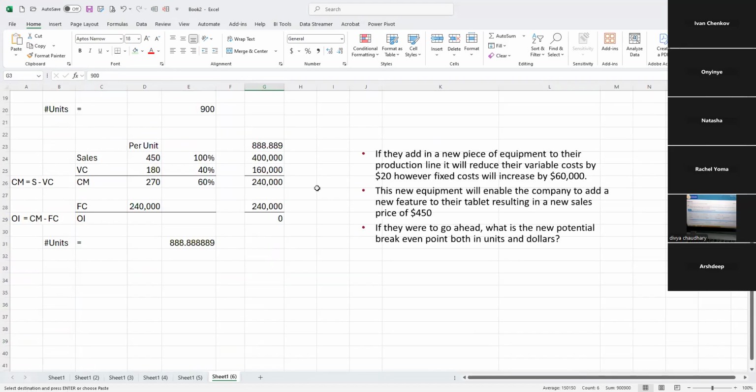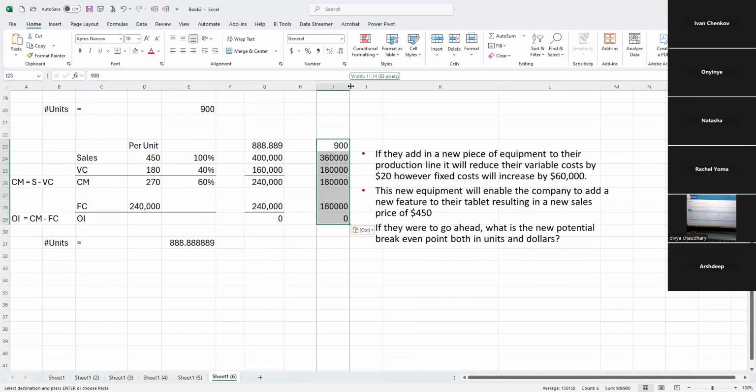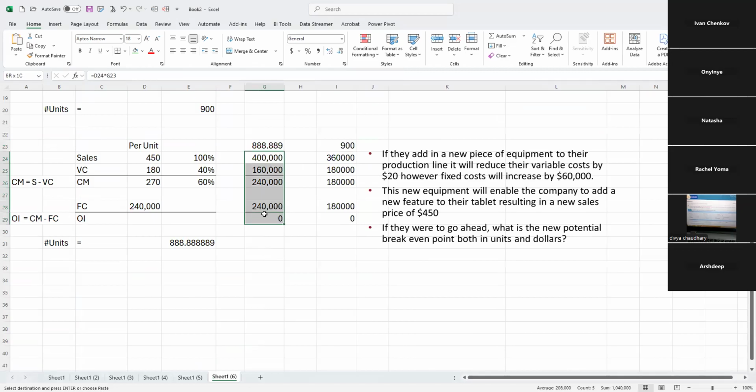Before they had to sell this much, but now they have to sell fewer units. Is this good for them or bad for them? Good, because they can achieve break even by selling fewer units of goods. So it's a good decision for the company. Okay, excellent.